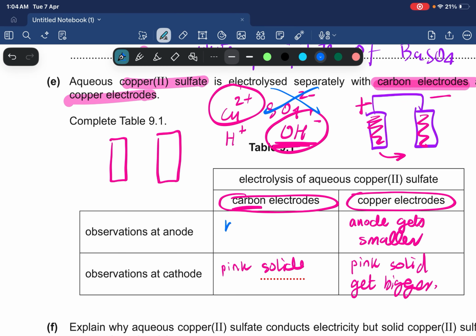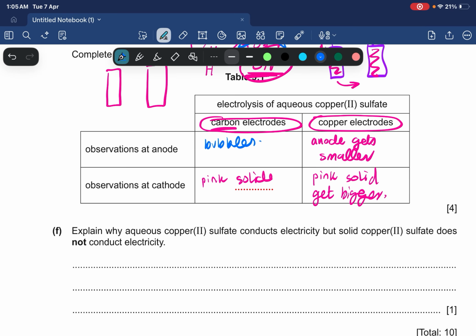Explain why aqueous copper 2 sulfate conducts electricity, but solid copper 2 sulfate does not. Why? Because aqueous copper 2 sulfate has free ions. Copper sulfate is an ionic compound, and an ionic compound only conducts electricity when it has free ions.